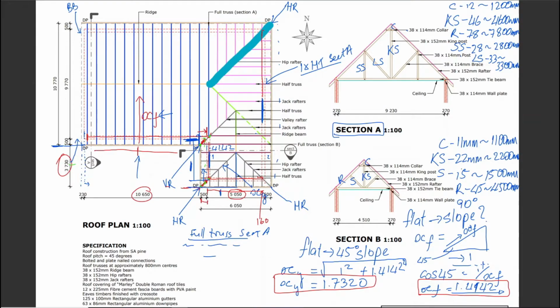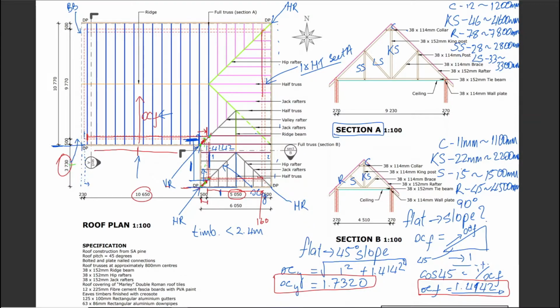So you come over here and say, well, what is less than 2.4? Just that one in your full truss. All of these full trusses here have a collar, and there's only one collar, which you have scaled, and it's in this category, less than 2.4 meters.